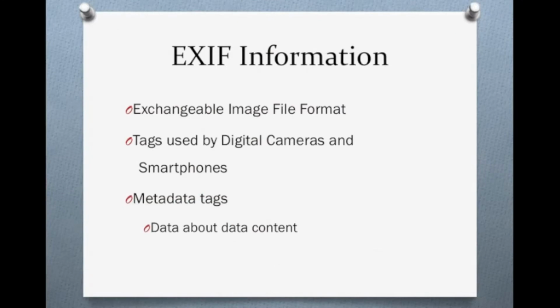One type of information is known as the EXIF. EXIF stands for Exchangeable Image File Format. This is a type of tag used by digital cameras and smartphones. There's also another tag known as metadata, and as the slide shows, it is data about data content. Behind every picture taken on a smartphone or a camera is a set amount of information.